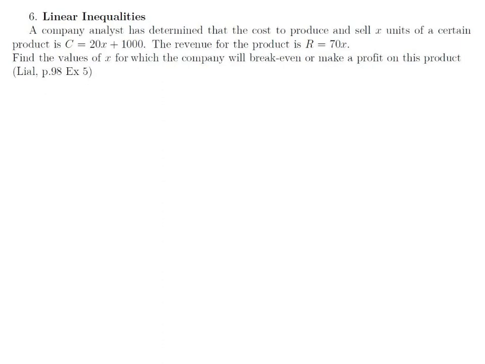So we need to be looking at some keywords. We have the cost function, that's important of course. We have the revenue function, and we are asked to find where the company will break even or make a profit. So you're going to remember from class that profit is money that's on top of the costs that you've had to pay.